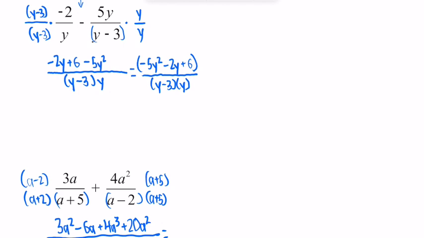Combining the like terms and writing things in order, we would have 4a to the third plus 23a squared minus 6a in the numerator. In the denominator, we would have a plus 2 times a plus 5.